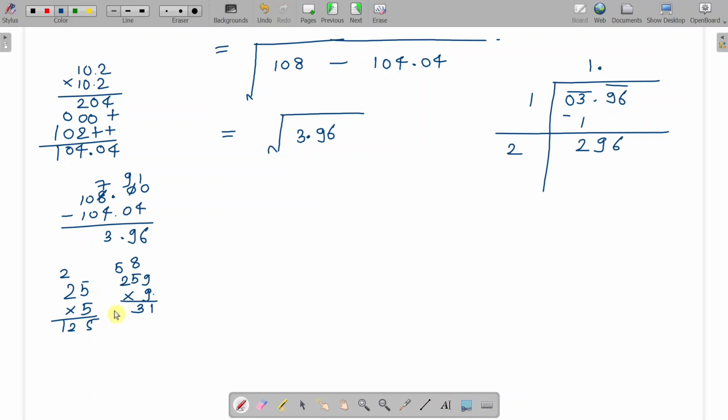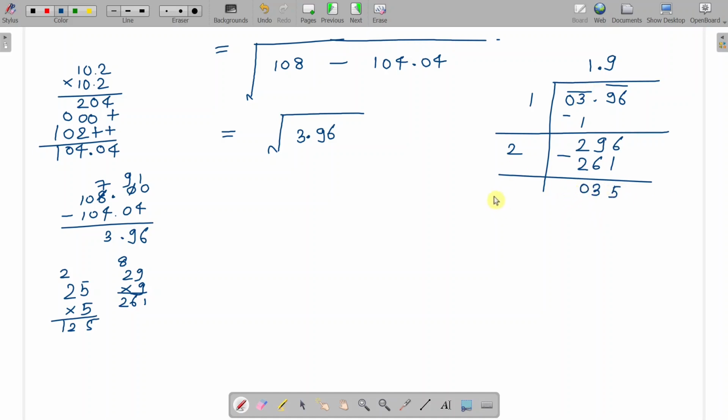Okay, so let us take 26. I have taken 259. Okay, we have to take 29, that means 29 times 9. 9 times 9 is 81, 9 times 2 is 18 plus 8 is 26. So 261, that means 5 3, right, 0.